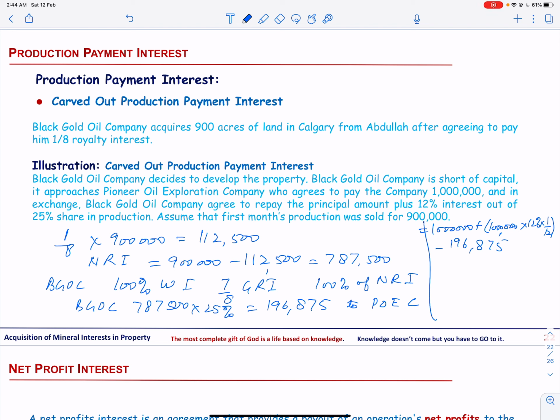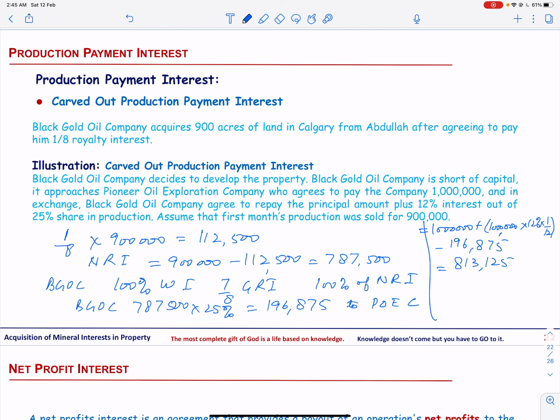So when you solve it, this will be equal to 813,125. The company will pay all the cost of exploration, development and production. Since Black Gold Oil Company kept its working interest and created a production payment interest, the production payment interest is referred to as carved out production payment interest.